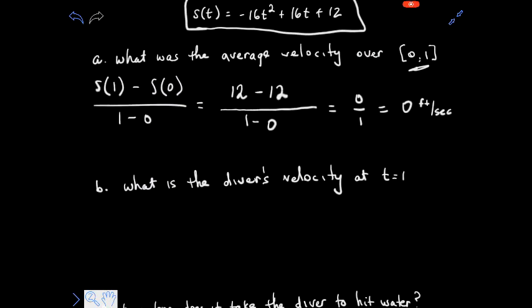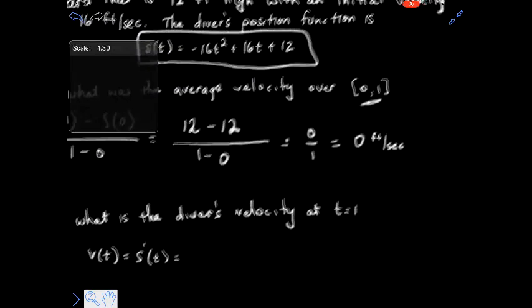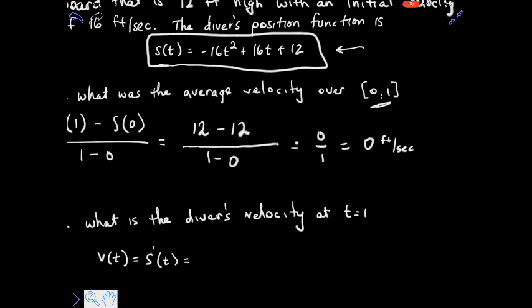Now, part B is asking for the diver's velocity, not average velocity, but just velocity. So they're implying instantaneous velocity at time t equals 1. So that's v of t, which is the derivative of position. So if we look at the position function here and take the derivative, using the power rule, which we talked about last time, the derivative is going to be negative 32t plus 16.